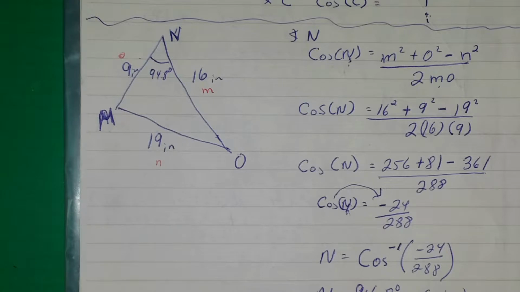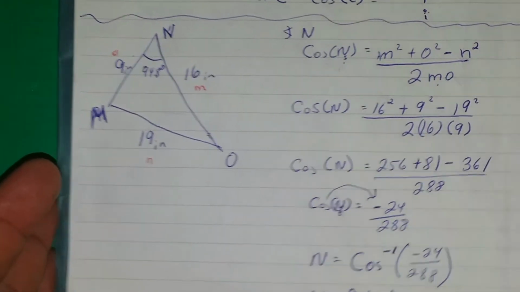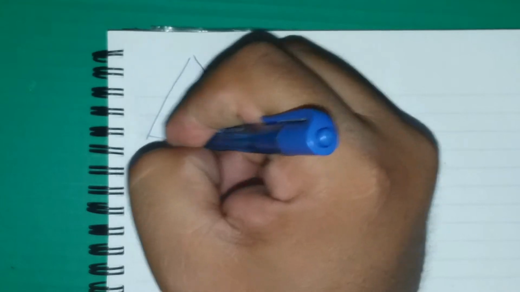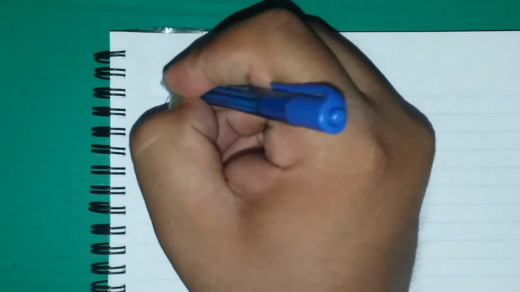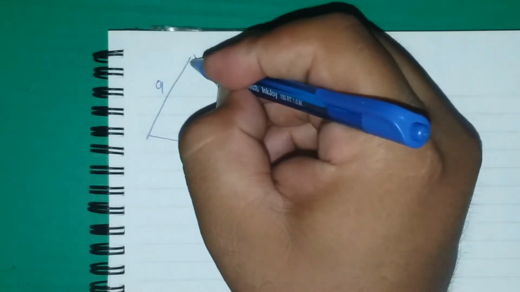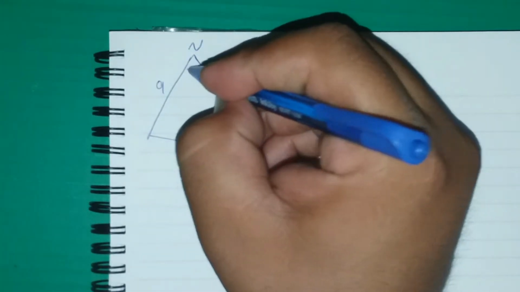I will quickly do another example, and then hopefully you understand how to do it. So let's do the same triangle, same labeling. We had 9 here, 16 here, 19 here. We had N here.